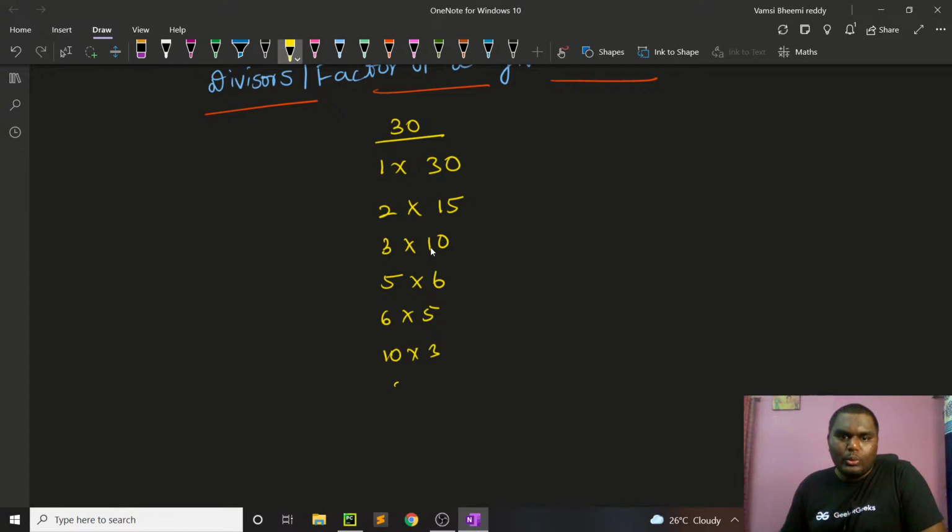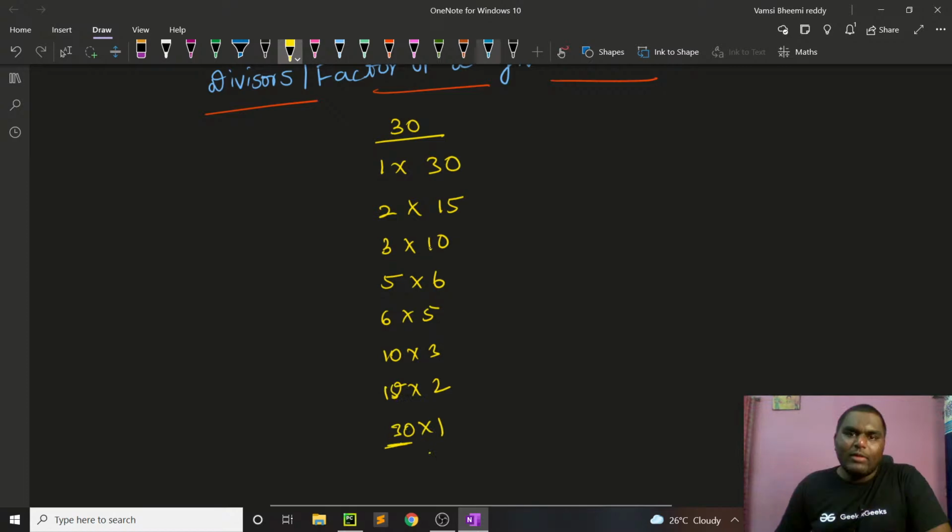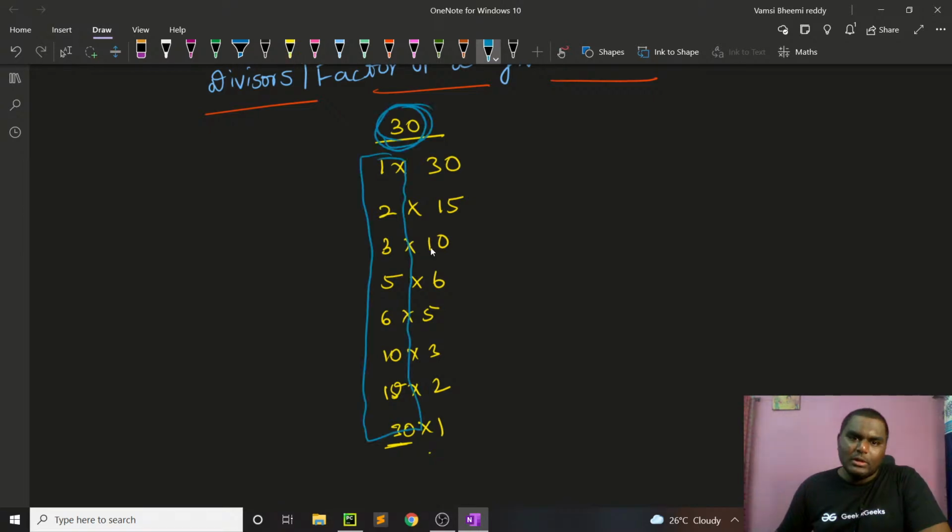Whenever we have seen 30, that's the end. Now I will be giving you this n, and you need to print all the divisors: 1, 2, 3, 5, 6, 10, 15, 30.